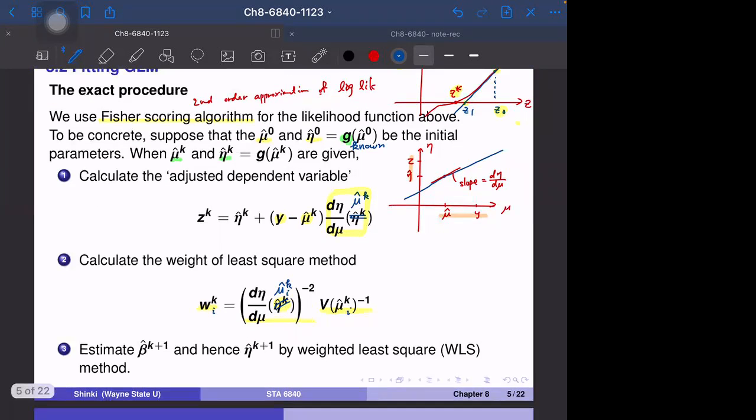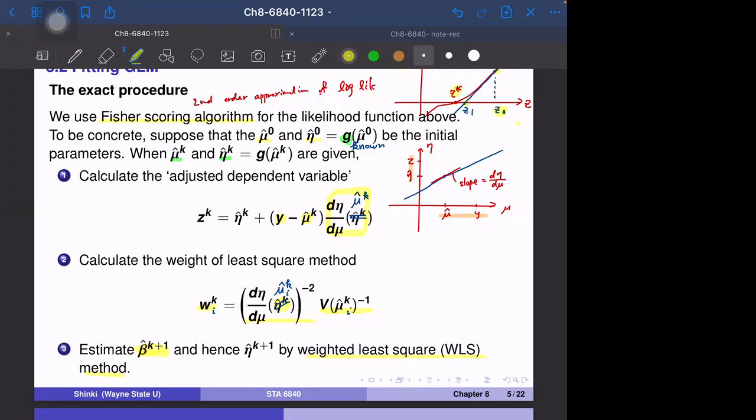Then we can regress zk on the independent variables x. Then we can get the estimate beta hat k plus 1 by the usual weighted least squares method.